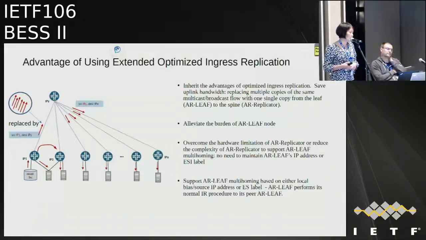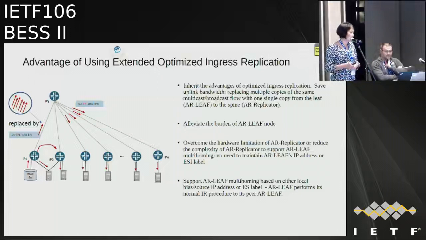But on top of that, in order to support multi-homing, which is a very common case in the leaf, because during assisted replication the replicator has to decapsulate the packets and then encapsulate them again.